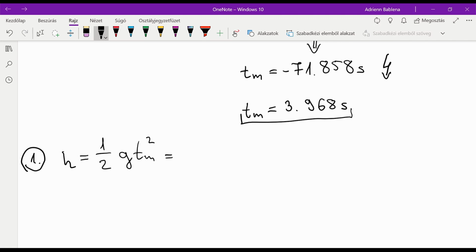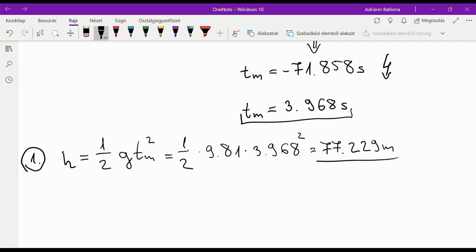And from this H is 1 over 2 times 9.81 times 3.968 squared, which is 77.229 meters. So this is the depth of our hole. Okay?